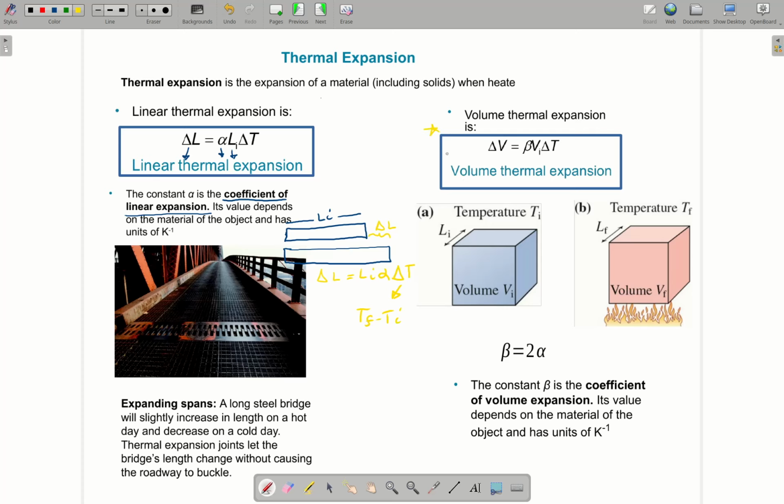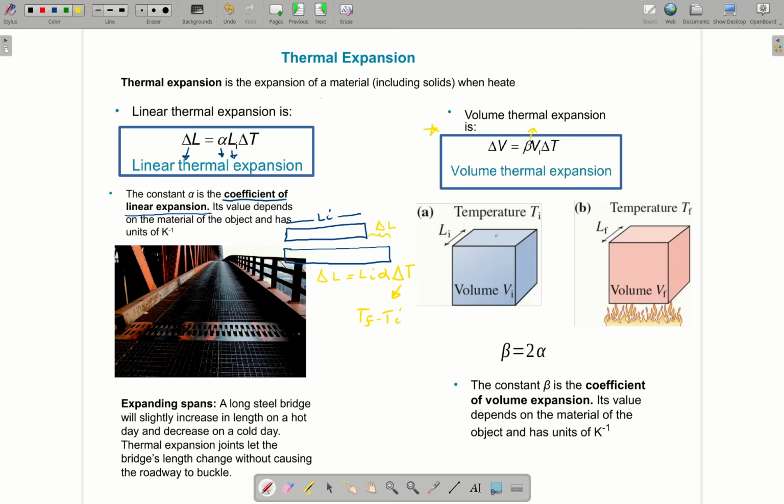A similar approach applies to a volume. Volume will change, only the expansion coefficient will be a different number. We'll say that it's expansion coefficient beta times initial volume times delta T will give us how much the volume changed.